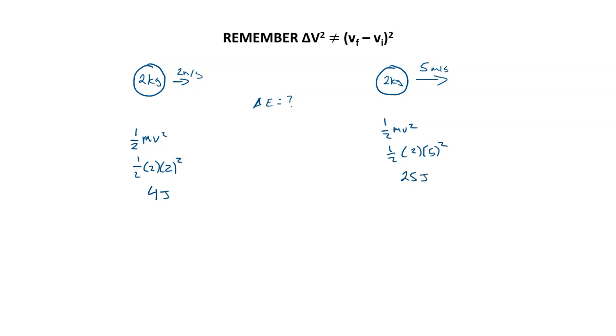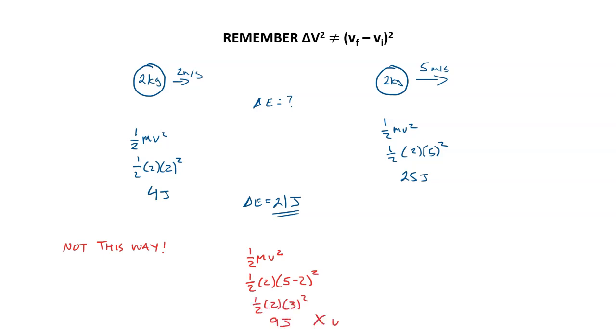So going from 4 joules to 25 joules, you should see that it's 21 joules. But we don't do things this way, where we would just take the difference in the velocities and multiply it out, because that would get you 9 joules, not the correct answer.